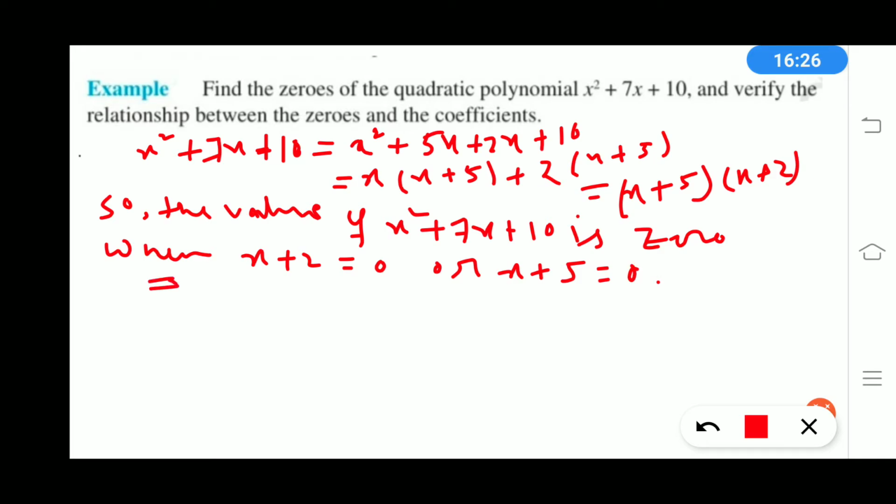Clear? So that means x equals minus 2 or x equals minus 5. Clear?